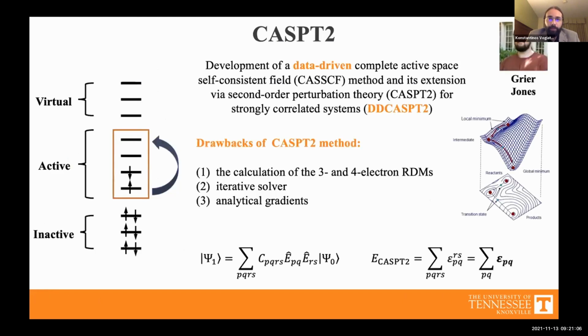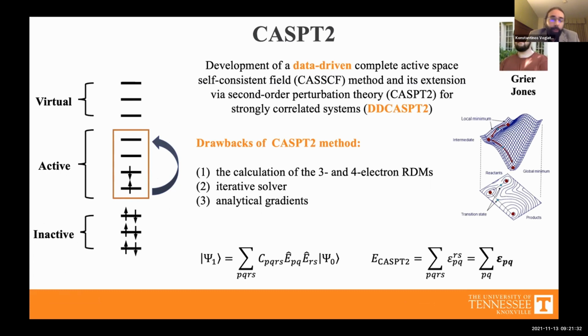Another scheme that we have explored in my group recently, this is work by my other student, Greer, who was presenting his work earlier as well, is to use the same data-driven methodology for a strongly correlated method like CASPT2. CASPT2 has been used extensively for transition metal chemistry, for dissociation of bonds, excited states.